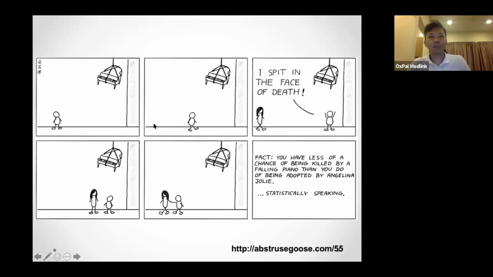Please explain the concept of pseudo-replication. Very good question. Pseudo-replication is fake replication. So what we mean by replication, we measure heights of independent samples, like my height, your height, someone else's height. That's true independent replication.